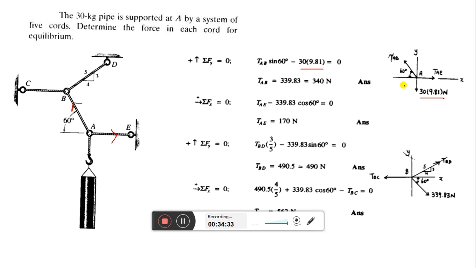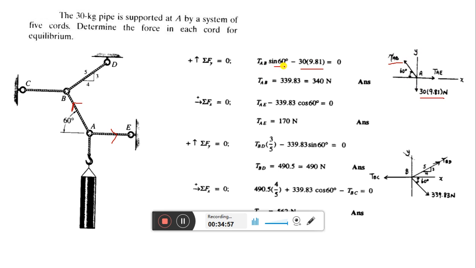So for equilibrium in the x direction, what you can write? Sorry, for equilibrium in the y direction, TAB into sine 60 is equal to 30 into 9.81. One is in the positive direction, other is in the negative direction.